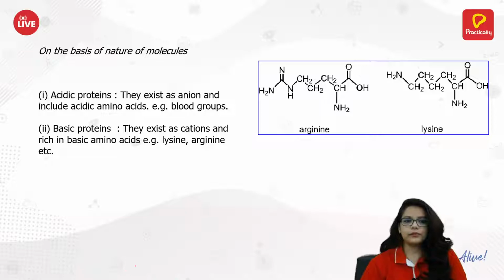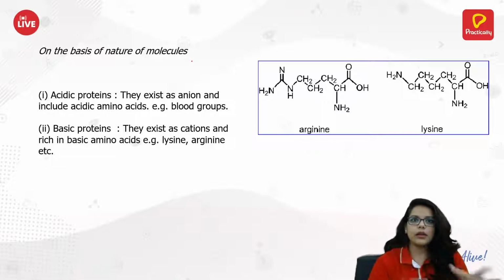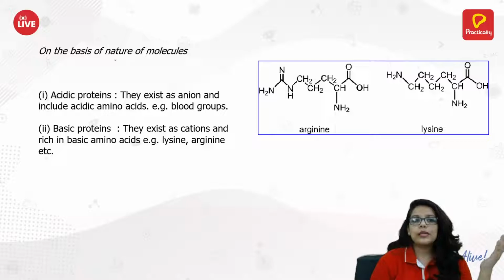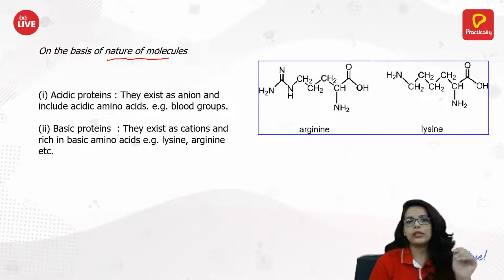Okay, so that was what extra molecule might be there. That was conjugated protein. Now, on the basis of the nature of the molecules you can also divide the protein. It can be acidic in nature, such as an anion. They exist as anions and include acidic amino acids, such as blood groups.